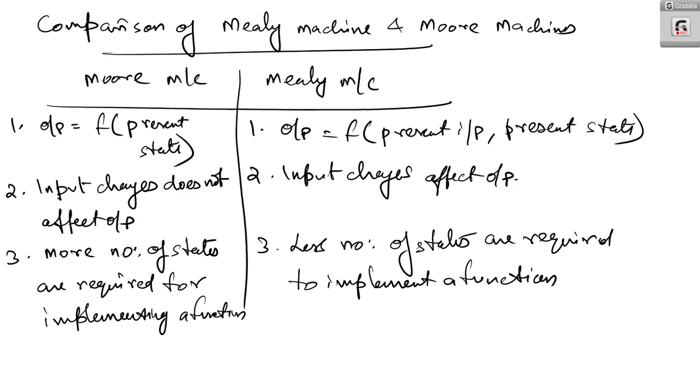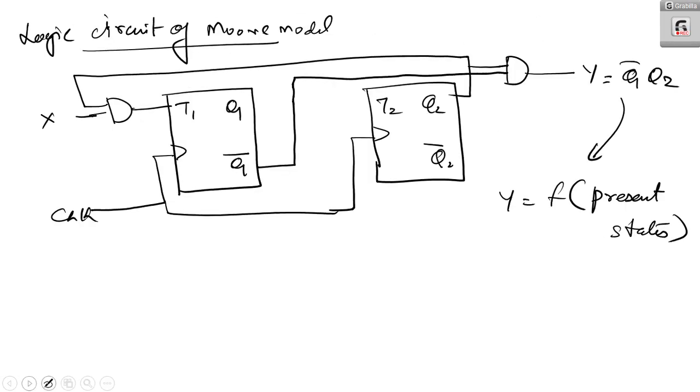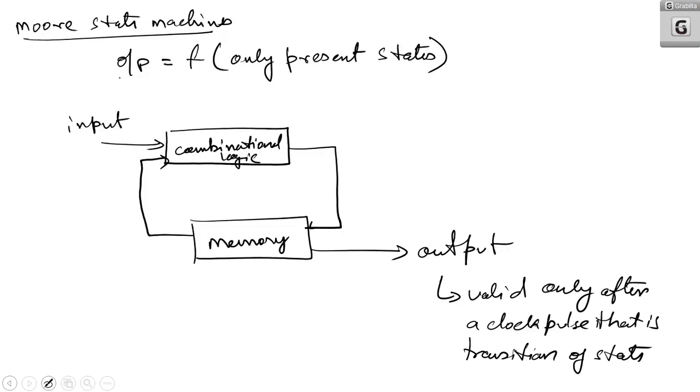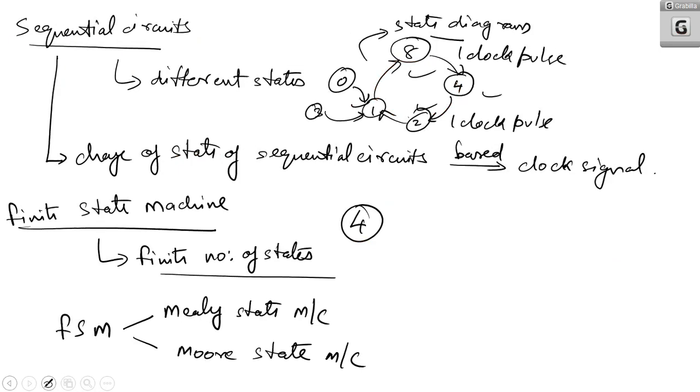So in this lecture we have introduced what is meant by Moore machine. Generally I will explain from the first. We started with what is a sequential circuit and what is a finite state machine.